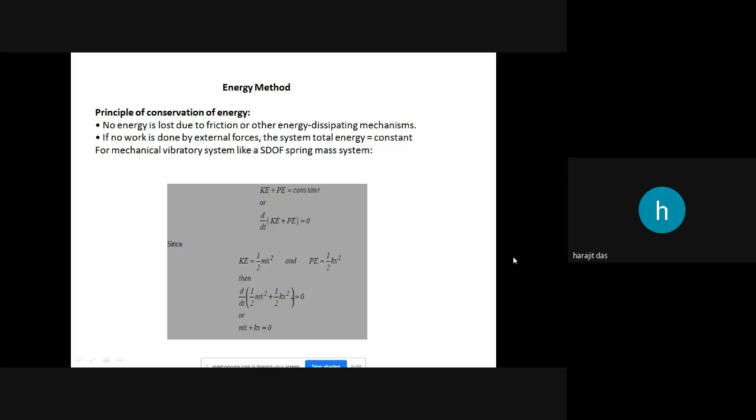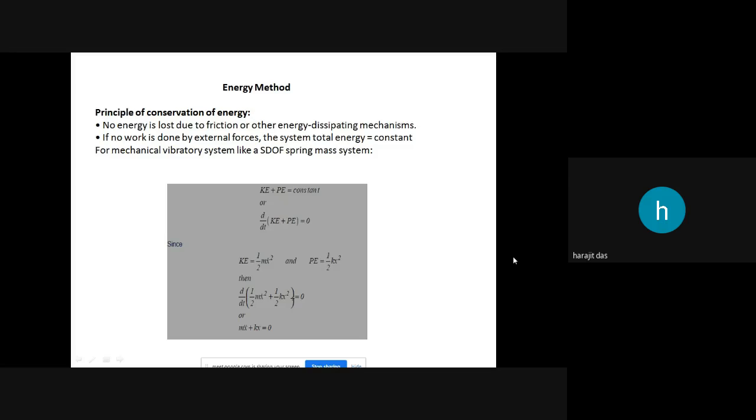So the total energy of the system will be conserved. If we are not considering any external work due to external forces, only the motion and the position of the system, then the total energy of the system will be constant, isn't it?